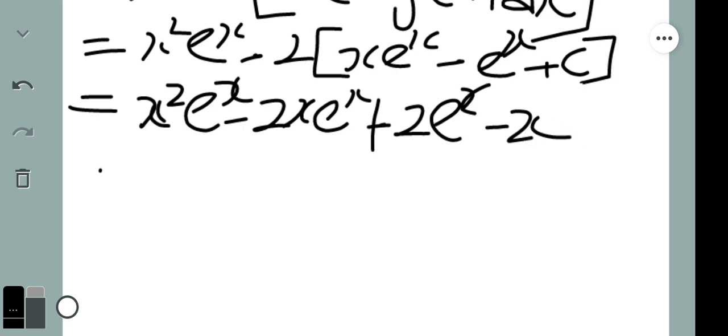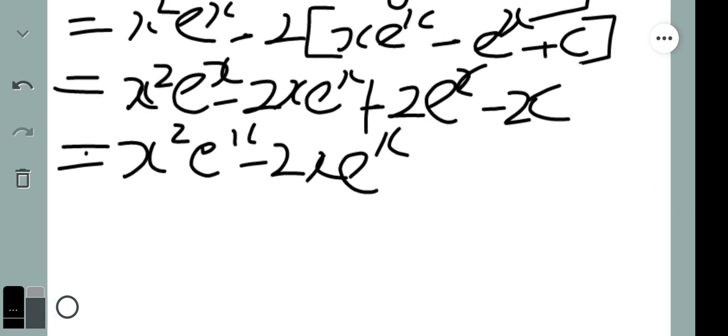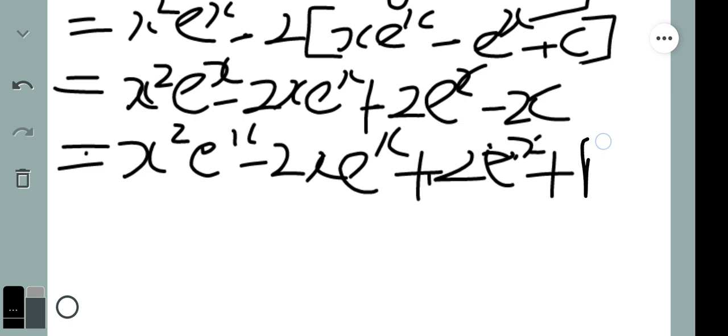Which is the same thing as x square exponential x minus 2x exponential x plus 2 exponential x, and eventually you have minus 2c, which is still a constant, so let's call it d.